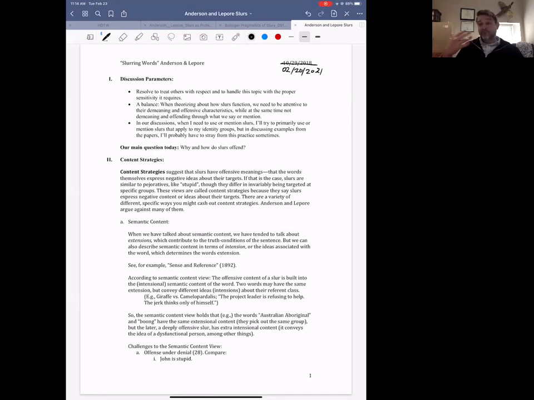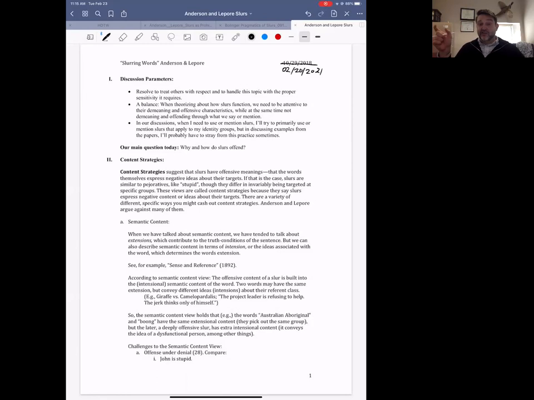So what do content strategies have in common? Well, content strategies suggest that slurs have offensive meanings, that the words themselves express negative ideas about their targets. The main idea is that there is some aspect of meaning that slurs are able to produce or express, and that is what the offensiveness of a slur connects to.